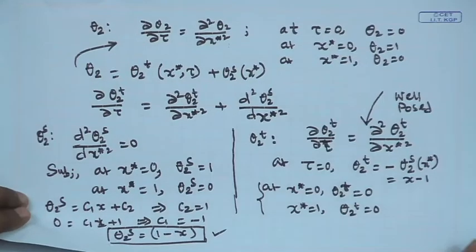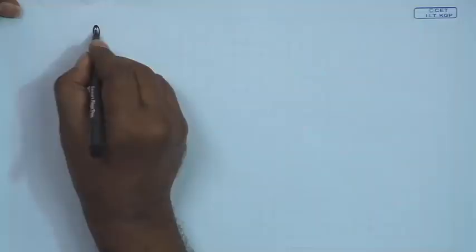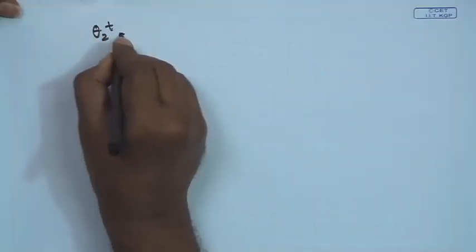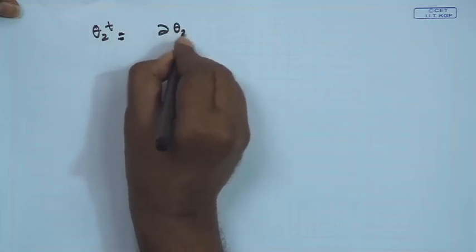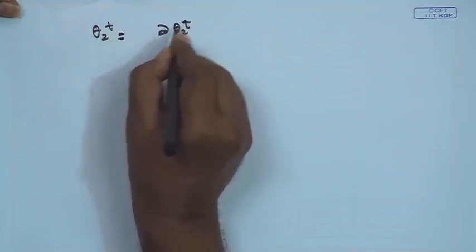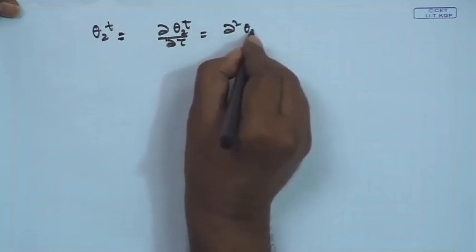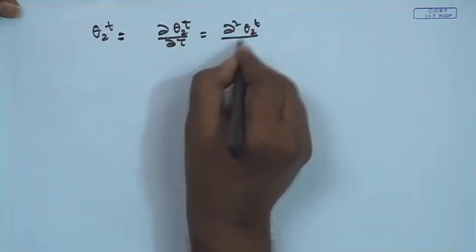If we again look into the solution of theta 2t, it satisfies del theta 2t by del tau is equal to del square theta 2t by del x star square.